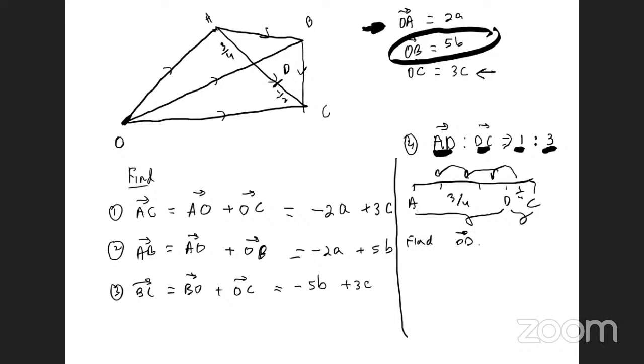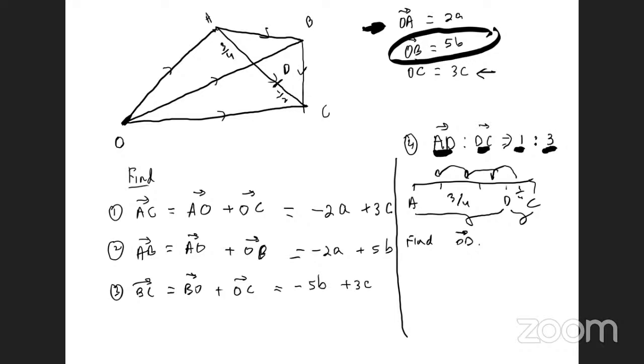All right, let's go over it again because I know it's complicated. AD to DC is in a ratio of 1 to 3. What does a ratio of 1 to 3 mean in terms of length? In terms of length, it simply means that 1 AD represents 3 DC. So AD is 3 times bigger than DC.